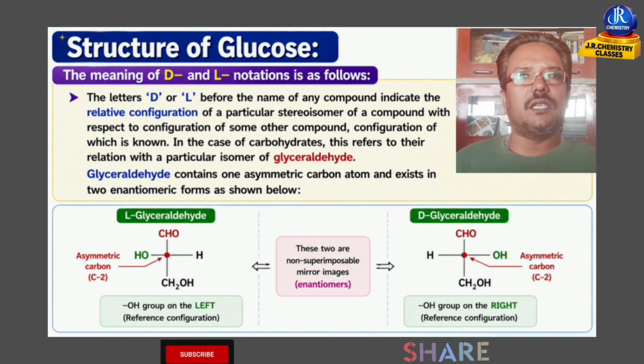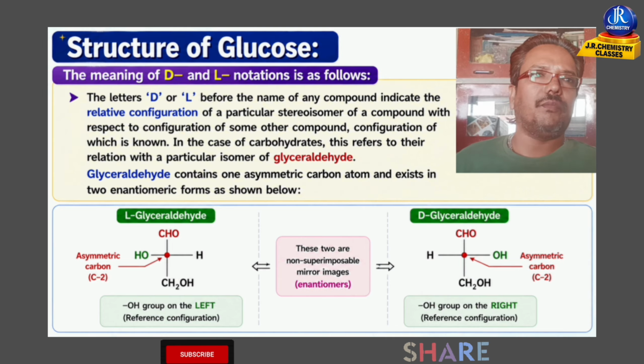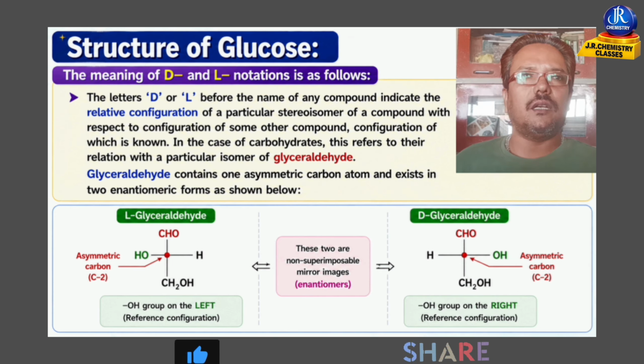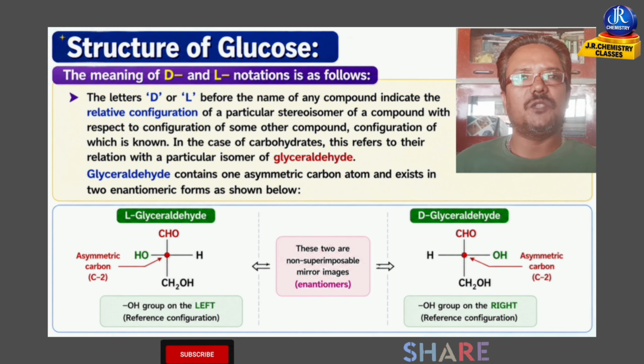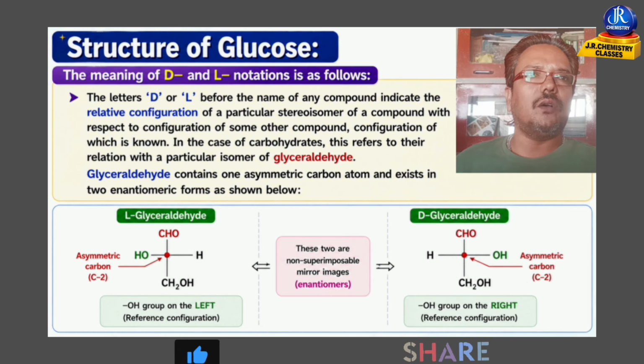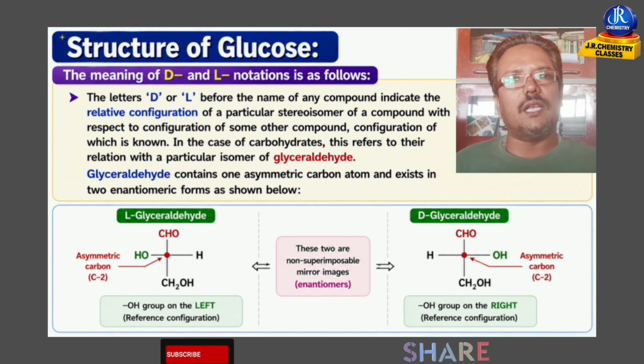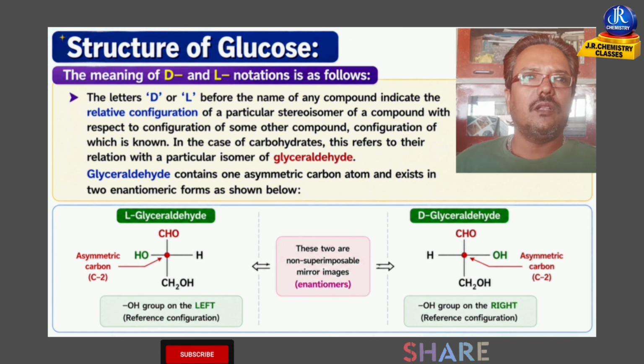The letters capital D or capital L before the name of any compound indicate the relative configuration of a particular stereoisomer of a compound with respect to the configuration of some other compound, configuration of which is known, in the case of carbohydrates.